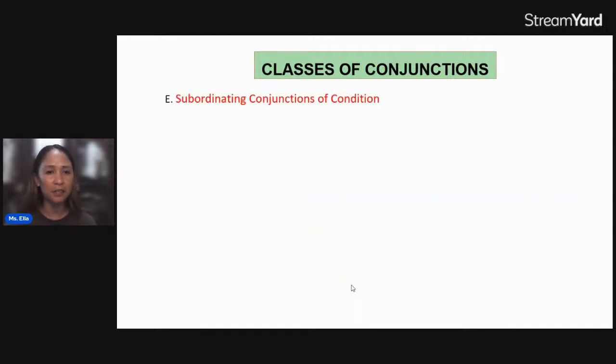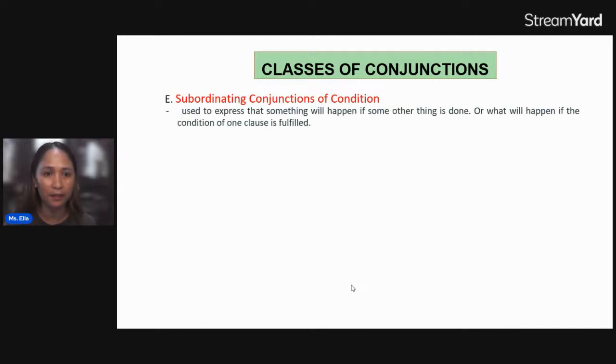Now let's continue with subordinating conjunctions of condition. These are used to express that something will happen if some other thing is done, or what will happen if the condition of one clause is fulfilled.